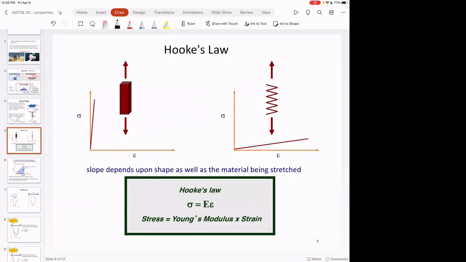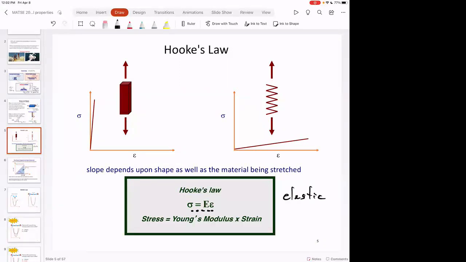Okay. Hooke's law is what we use to figure out what springs do, right? What's the spring constant? That's maybe where you've encountered Hooke's law before. And springs are what? Are they viscous or elastic? Elastic.